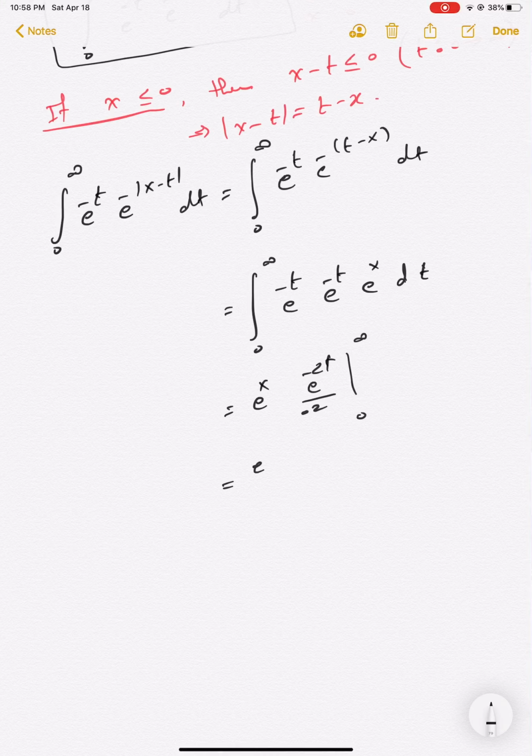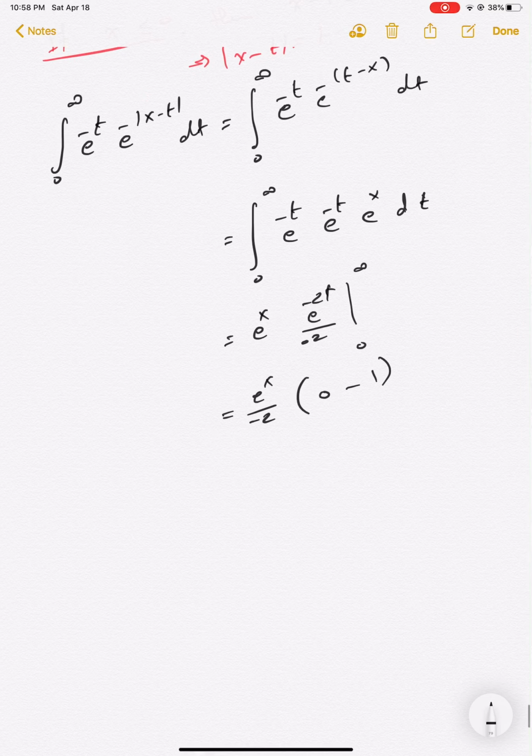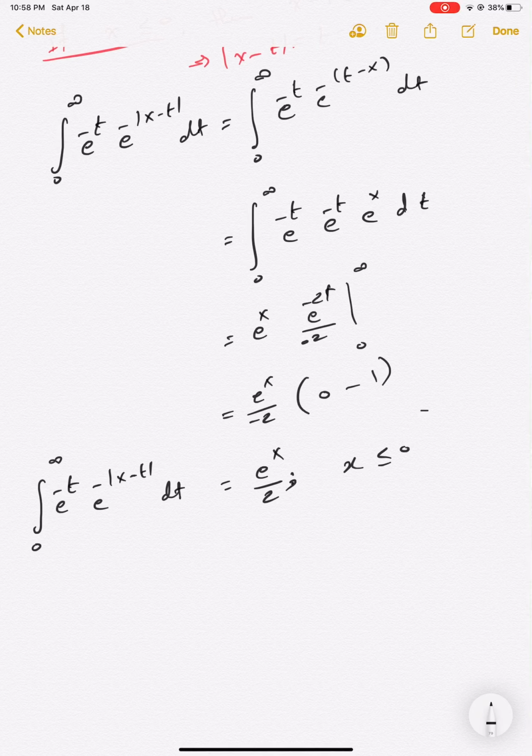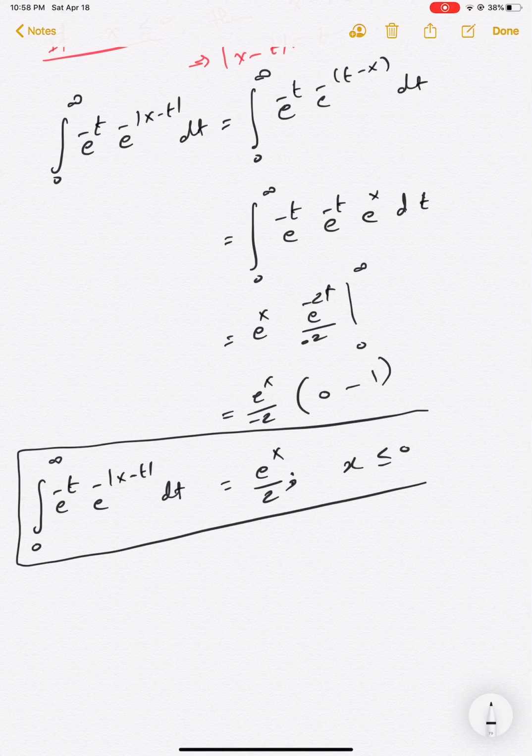So this is e to the x over negative 2. If you substitute the infinity, you get 0. If you substitute the 0, you get 1. So after all, this is e to the x over 2. So what is this? This is 0 to infinity, e to the negative t, e to the negative absolute value of x minus t dt, when x is negative. Okay?